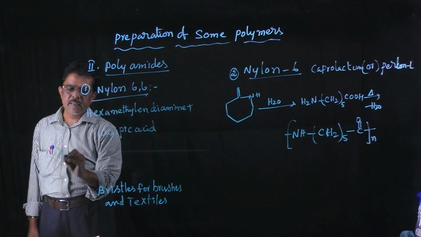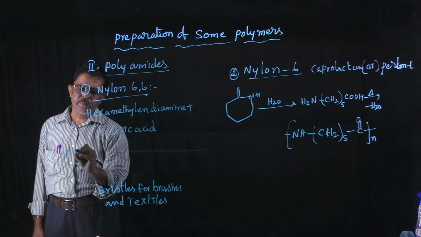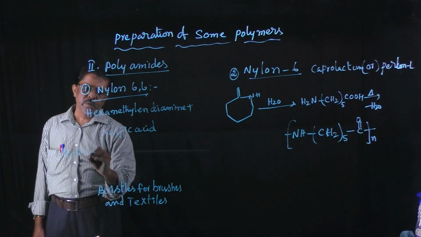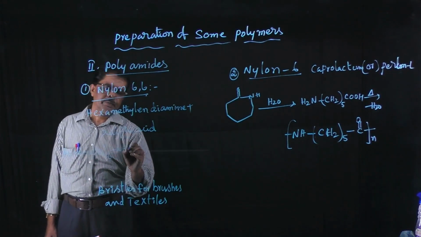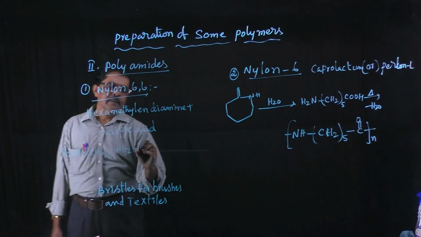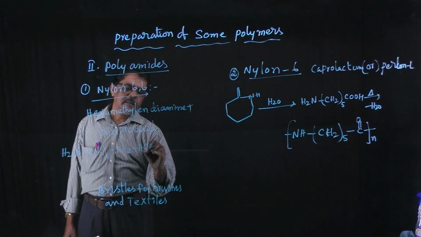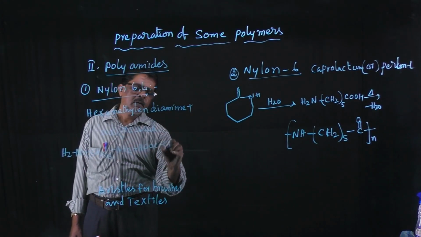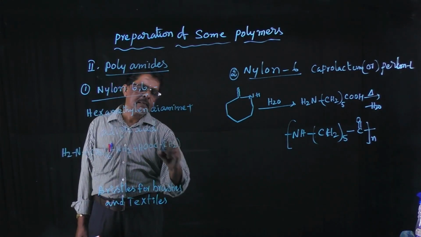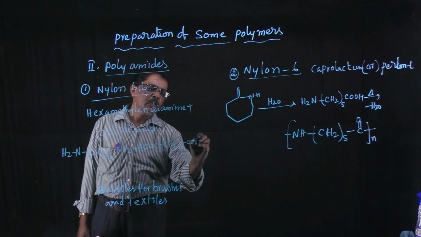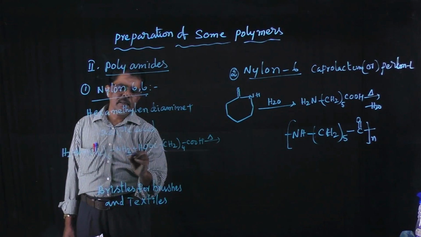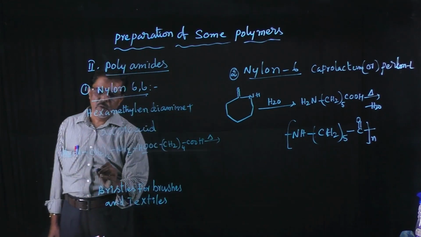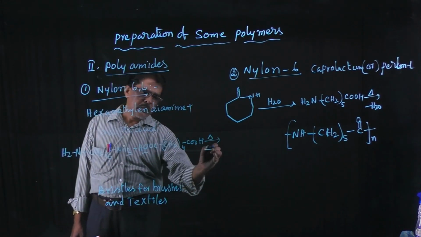Equation is NH2 (CH2)6 NH2 plus adipic acid, the formula is a 6-carbon dicarboxylic acid, HOOC. Then it is subjected to polymerization. This H and OH are removed as water.